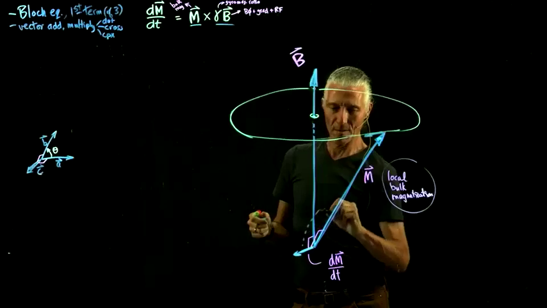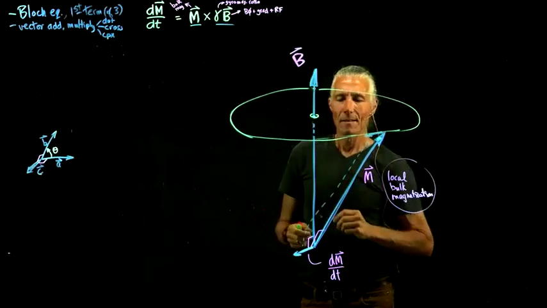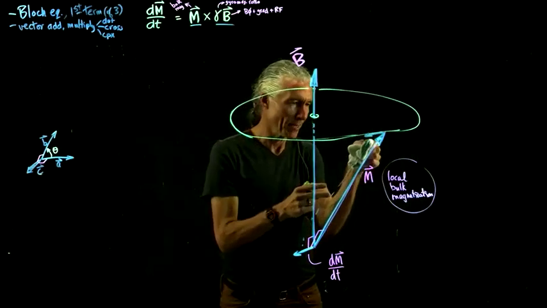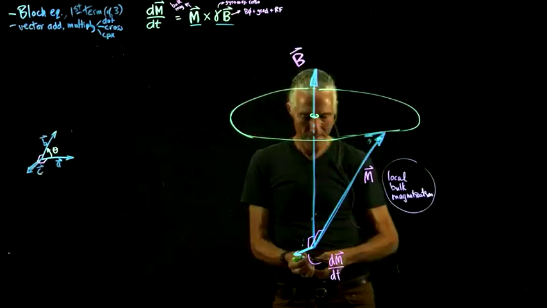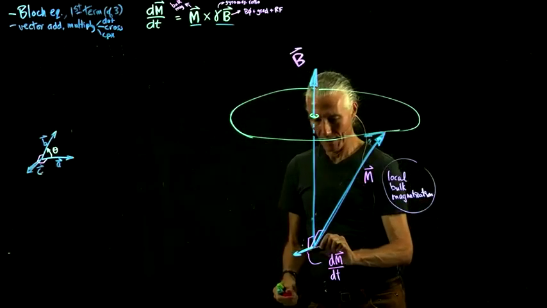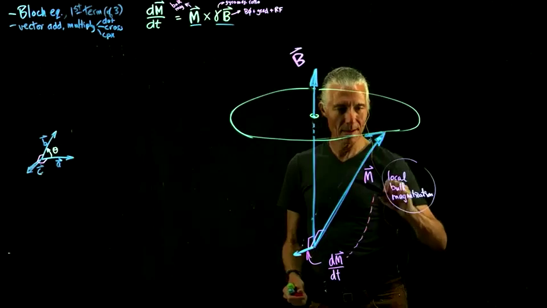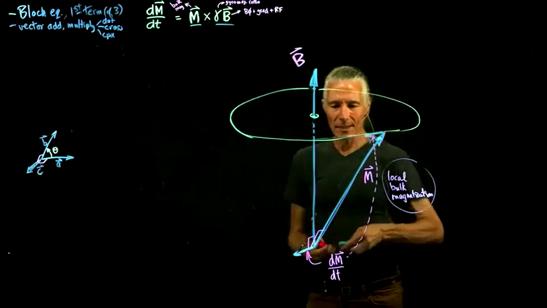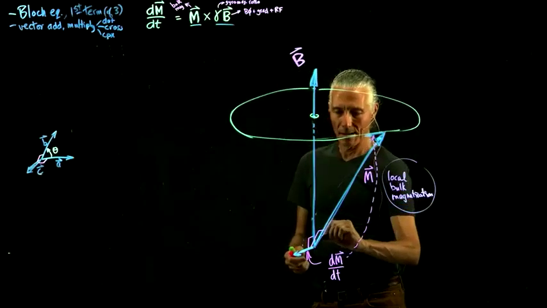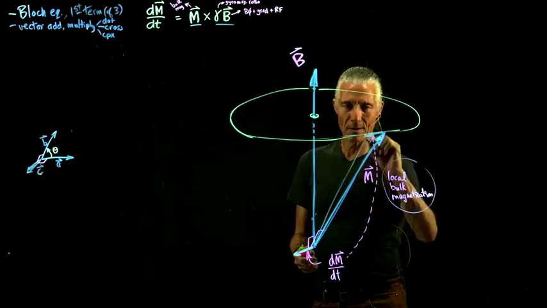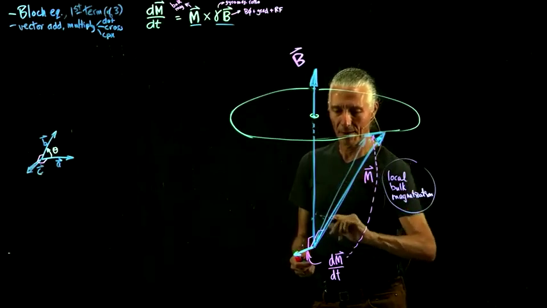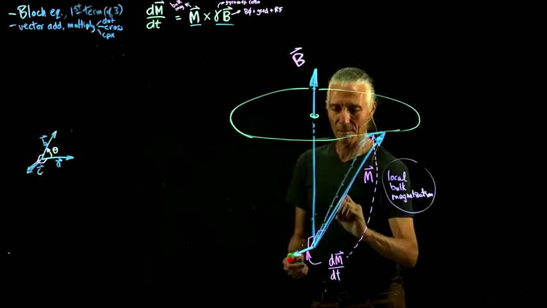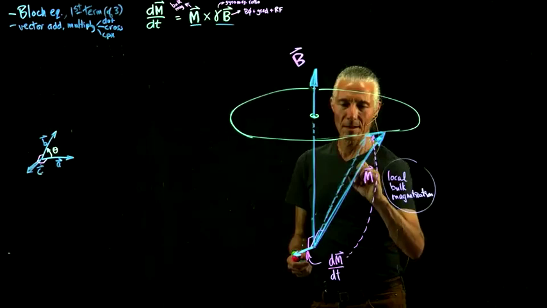So if we take that guy and put it in red, and put this guy up here, what is that going to do? That will tell us that in the next time point, this is where the m vector is going to be. So the m vector, a short amount of time later, is going to be pointing in this direction.